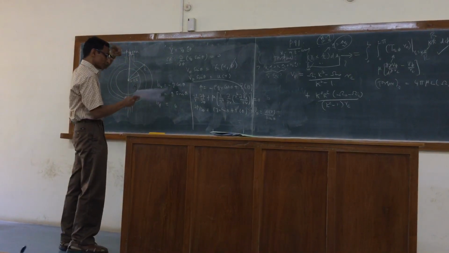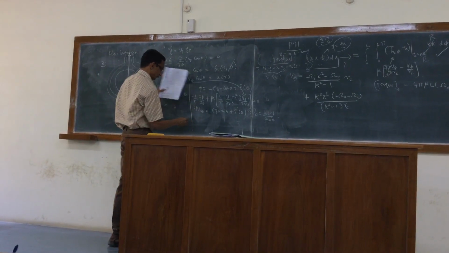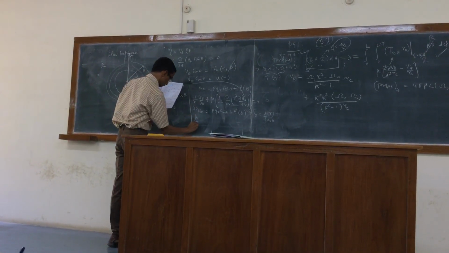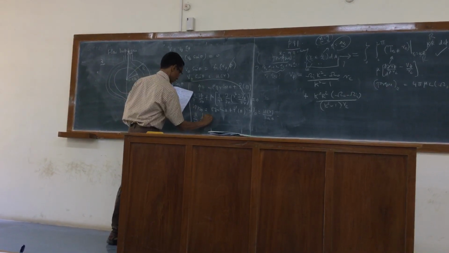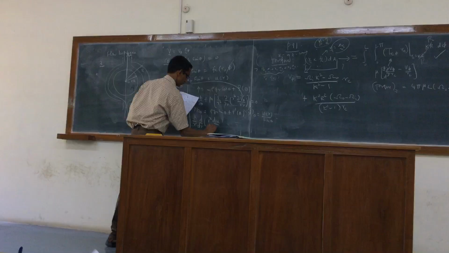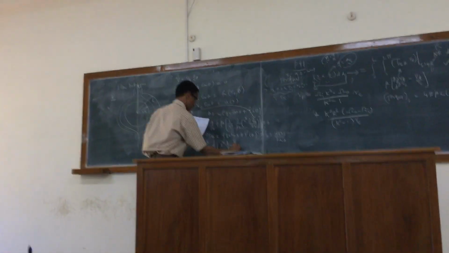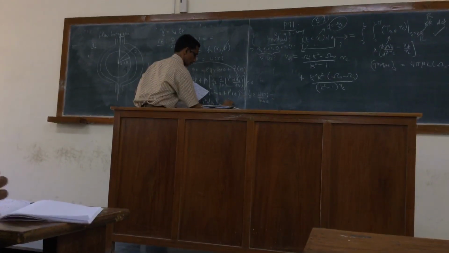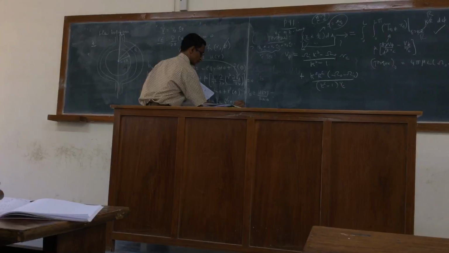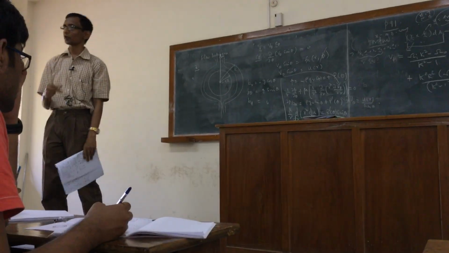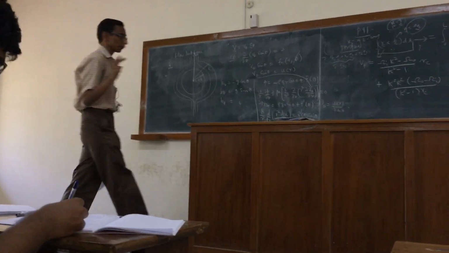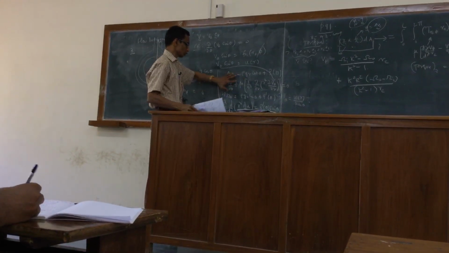If you substitute it, I'll let you do all the intermediate steps. You should get this. I leave all the intermediate steps for you to do. This is important. You just have to substitute and do the manipulation.